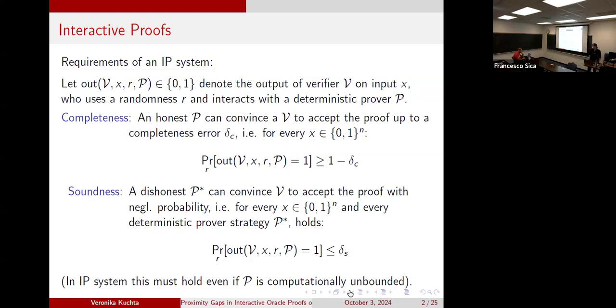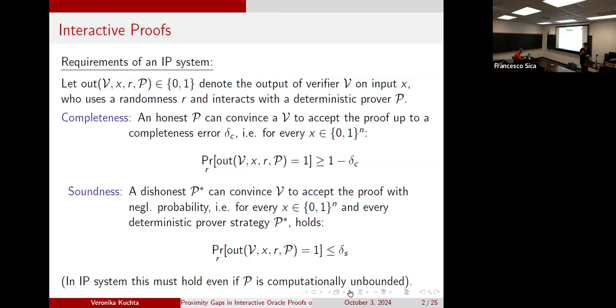So, first of all, it's a proof system which involves two parties, a prover and a verifier. The prover is the one who wants to prove some statement, and the verifier is the one who has to verify, right? An interactive proof system is an interactive protocol between the prover and the verifier, where the two parties can interact with each other.